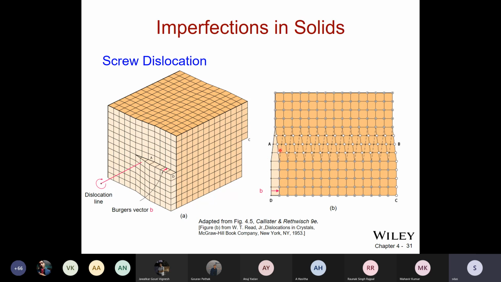If you look at a metal screw, the threads of a screw are basically a spiral. So if you put atoms on the thread of a metallic screw, you get the same arrangement as what we are proposing. So these dislocations are called a screw dislocation.